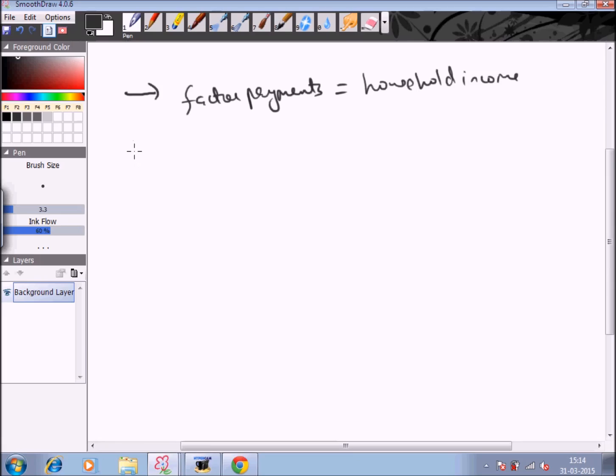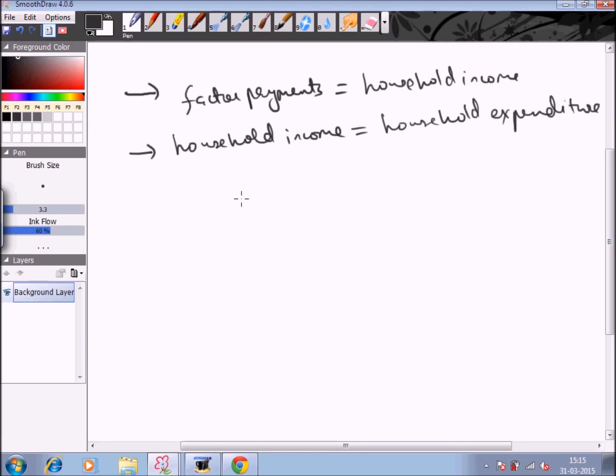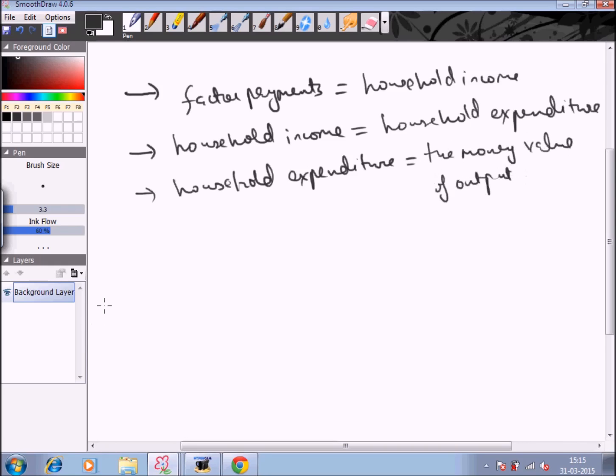Then whatever is the household income is equal to the household expenditure, meaning whatever I am getting, I am spending it all. Now whatever I am spending is equal to the money value of output. So this is the whole thing.